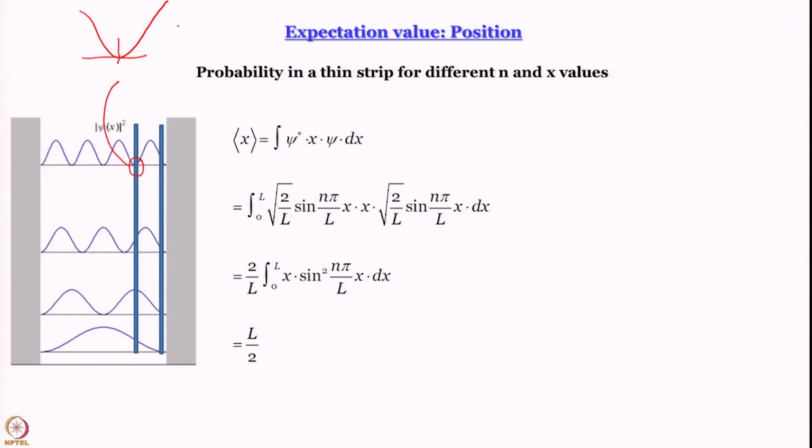We always remember when we talk about probability, we always have to consider dx as well. So let us say this is the strip. These are plots of psi square, remember. So the psi square that we consider gives us some non-zero, very small but non-zero area.